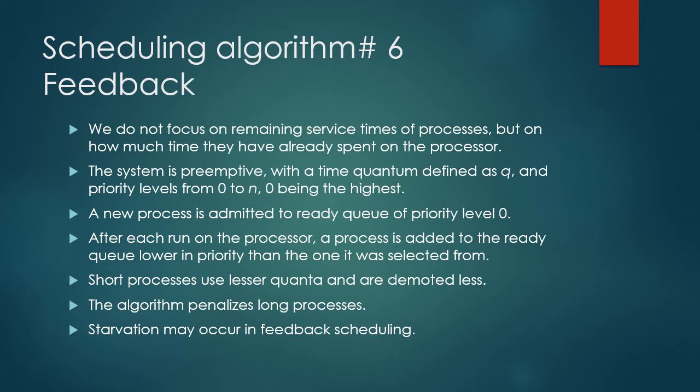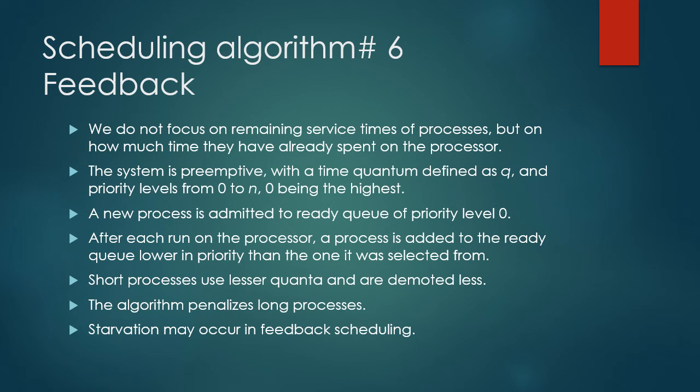In the sixth scheduling algorithm, which is called feedback, we do not focus on remaining service times of processes, but on how much time they have already spent on the processor. And this does not need to be predicted. The system is preemptive with priority levels from 0 to n, 0 being the highest.